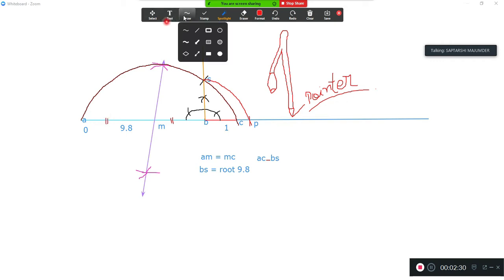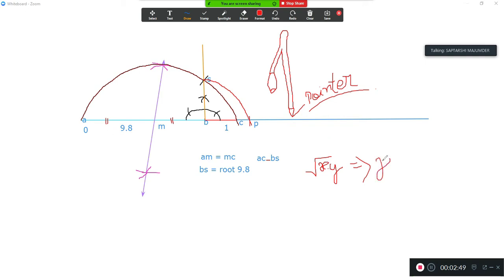If anything like root over x point y is given, then we first draw that line by neglecting the root sign.